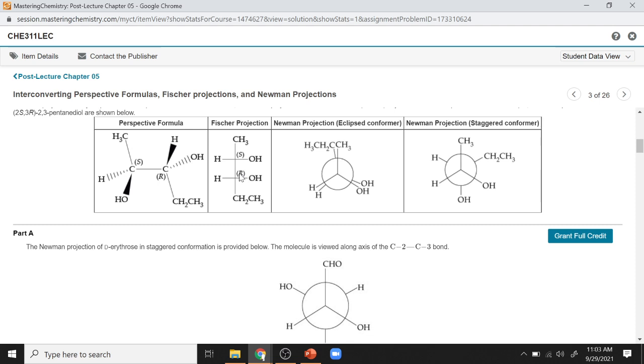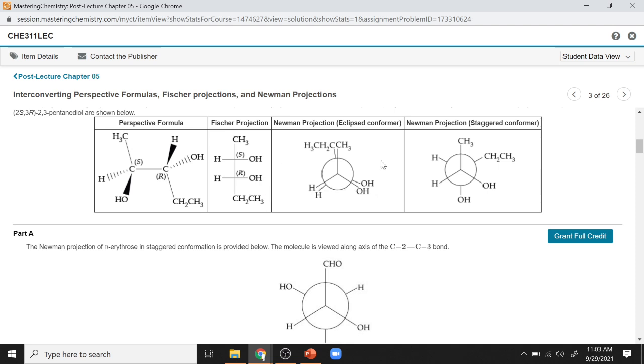So this would be 1, 2, 3, 4, 5. Okay? Is that making sense? And so let's say we look down the 2 to 3 bond. The thing in the front right here would be the second carbon. This one right here, right? The thing behind it, the circle represents the thing behind it, right? Is this carbon right here. Can everybody see that okay? Okay, fantastic.